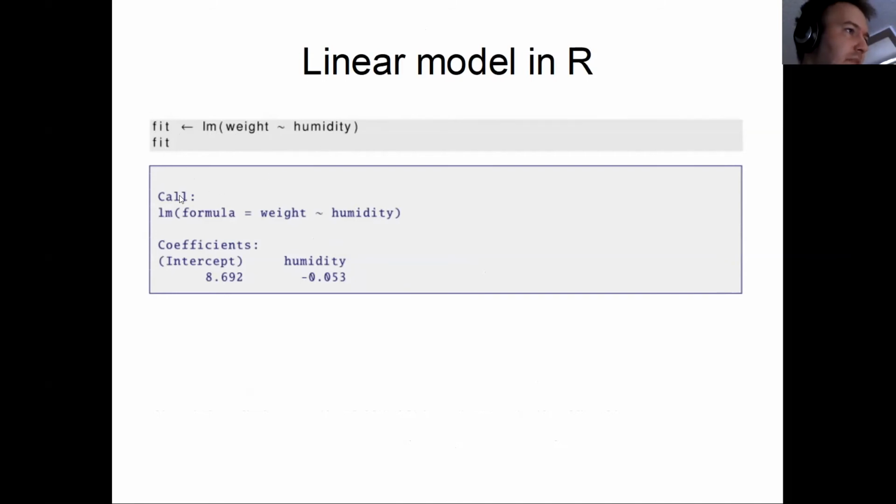And if we call the fit, you can already see that R has now used the least squares regression model, has optimized it for us, and has come up with the estimate for the intercept here and the estimate for the humidity here.